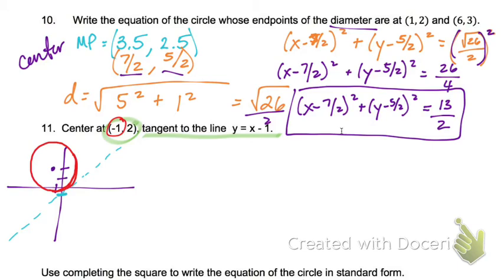And I figure out what my y value would be. Then I'm going to use that to find the distance for the radius. So when I plug in x equals negative 1, negative 1 minus 1, I end up getting negative 2. So I have an ordered pair at negative 1, negative 2.